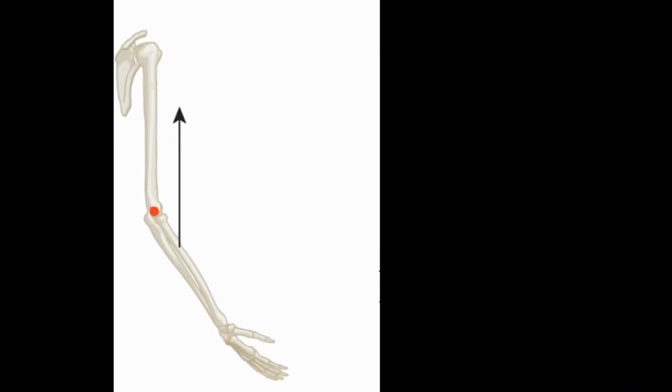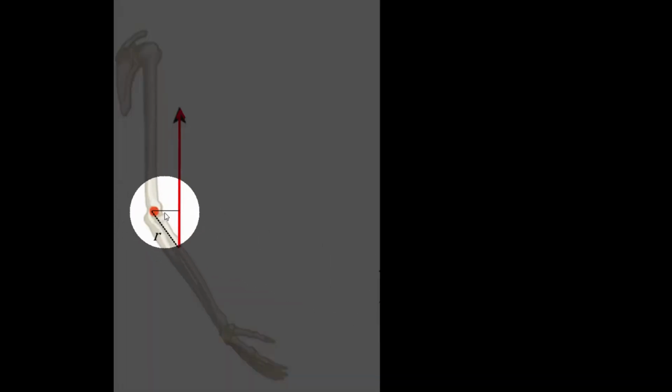So let's take the elbow, for example, and we're looking at the biceps force here. So that is the force produced by the biceps muscle. The lever arm, or the radius, and in fact I'll label it as R, is the distance between the axis of rotation, in this case the elbow joint, and the insertion point, or the application of the force of the biceps.